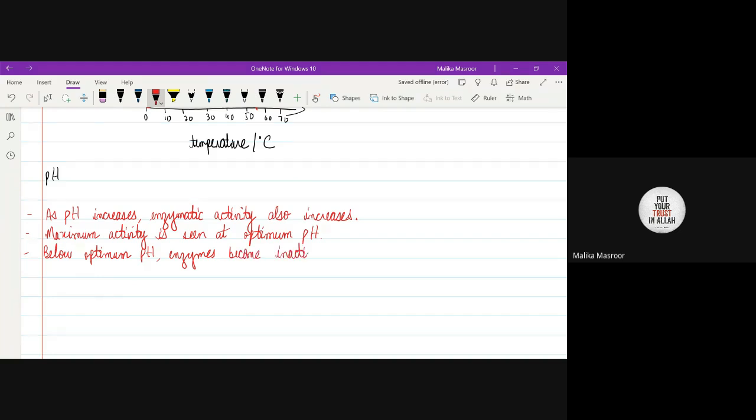But above optimum pH, enzymes become denatured and lose the shape of their active site.